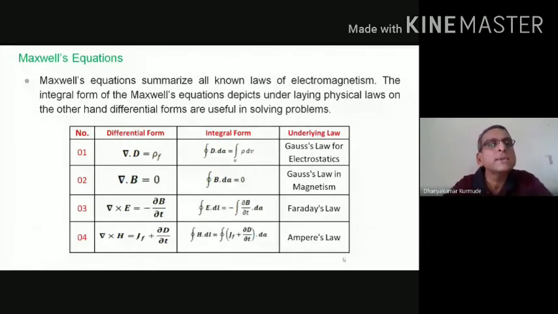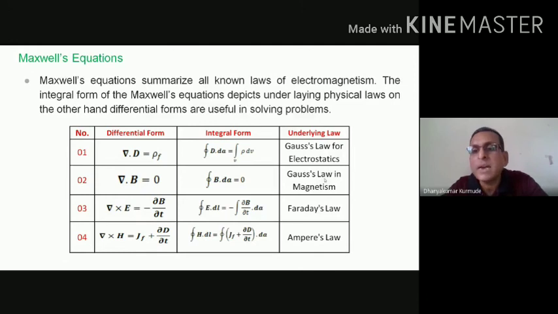At the end, let us have a glimpse at Maxwell's equations. This last column says Gauss law for electrostatics, which says that divergence of D is equal to rho f.